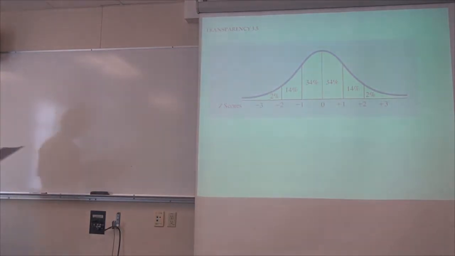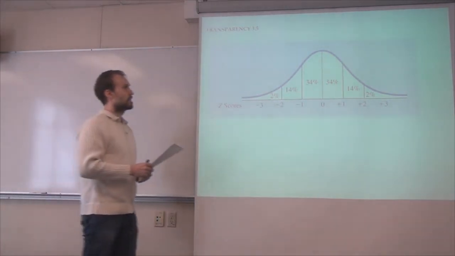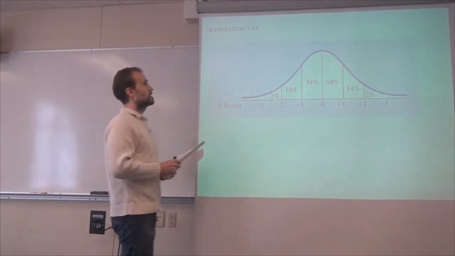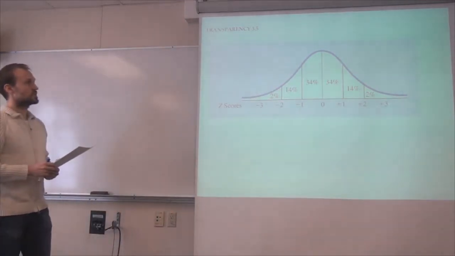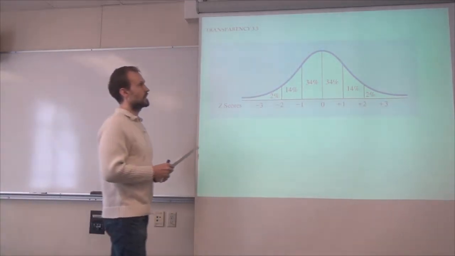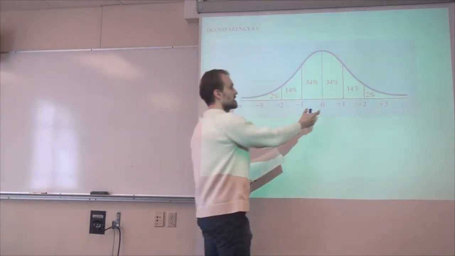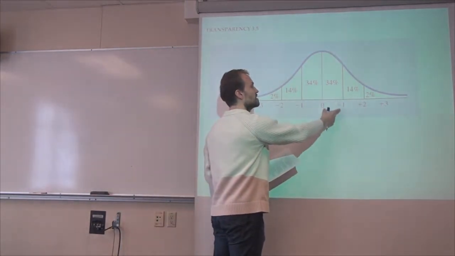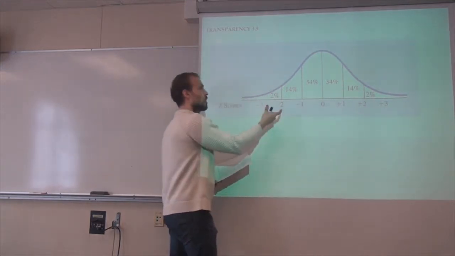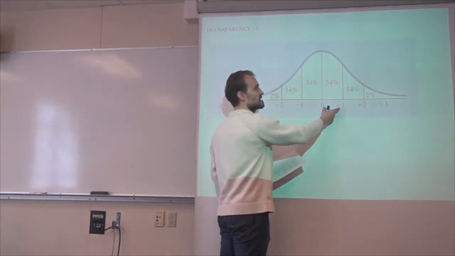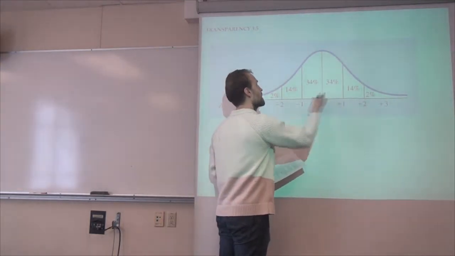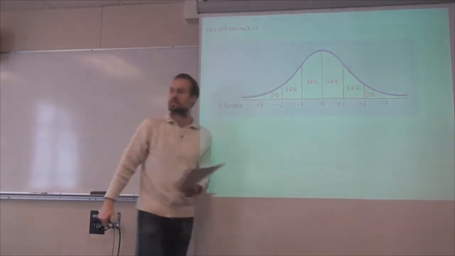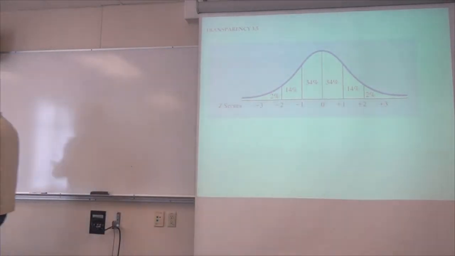So to specify a normal curve, I would just need to know the mean and the standard deviation to essentially give me how wide this Z value of 1 is in terms of my actual scores, and where is this located? Where is the Z0 value?